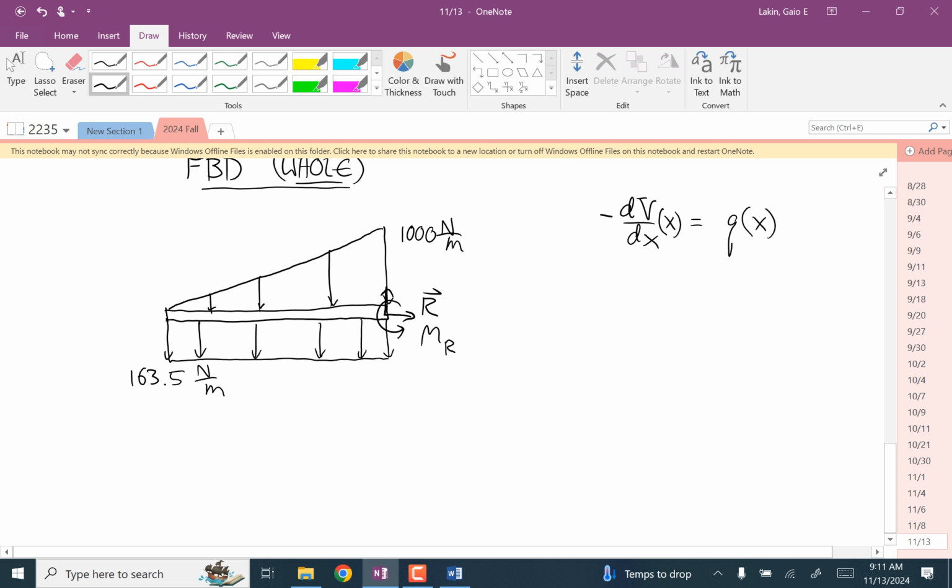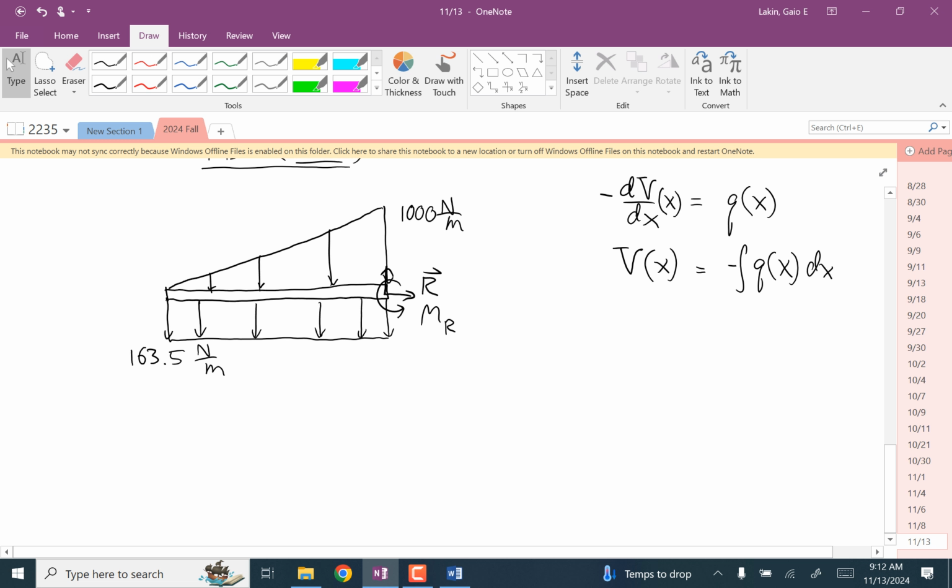And so we can use that to say that V as a function of x is the integral of negative q of x dx. And so we need to come up with that function q of x.